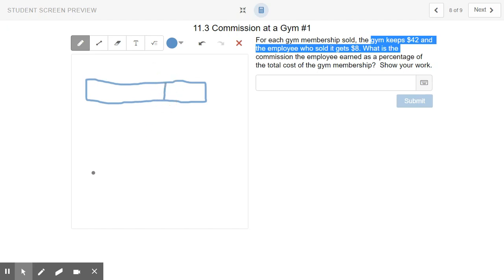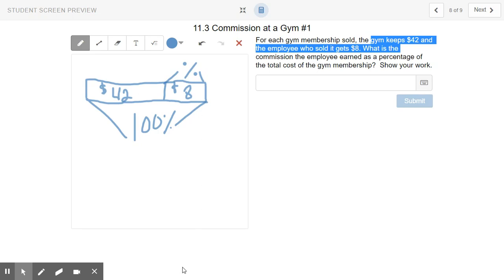Here's what happens. The gym keeps $42, right? And the employee keeps $8. The question is saying, what is the percent out of the total membership cost, which is 100%? So what percent is this $8 out of the whole cost of the membership? Okay.